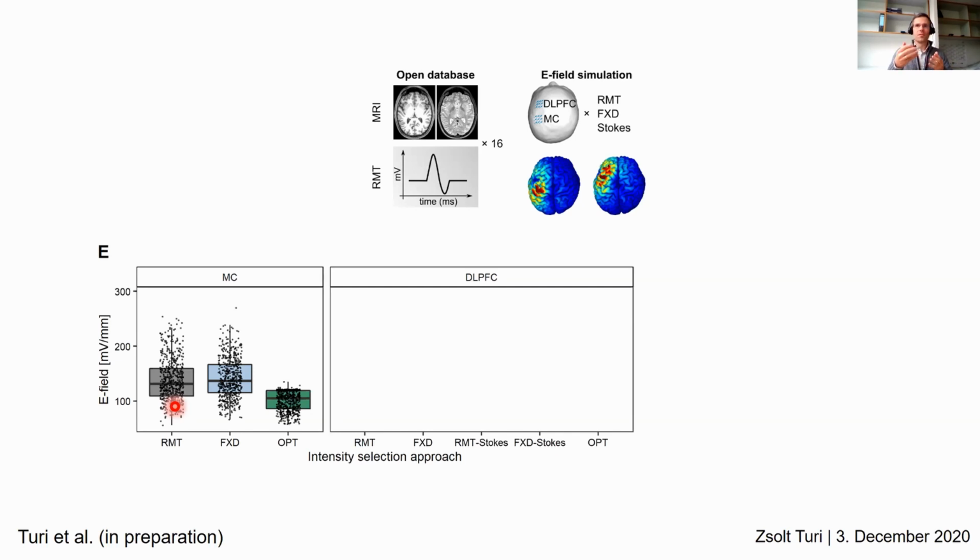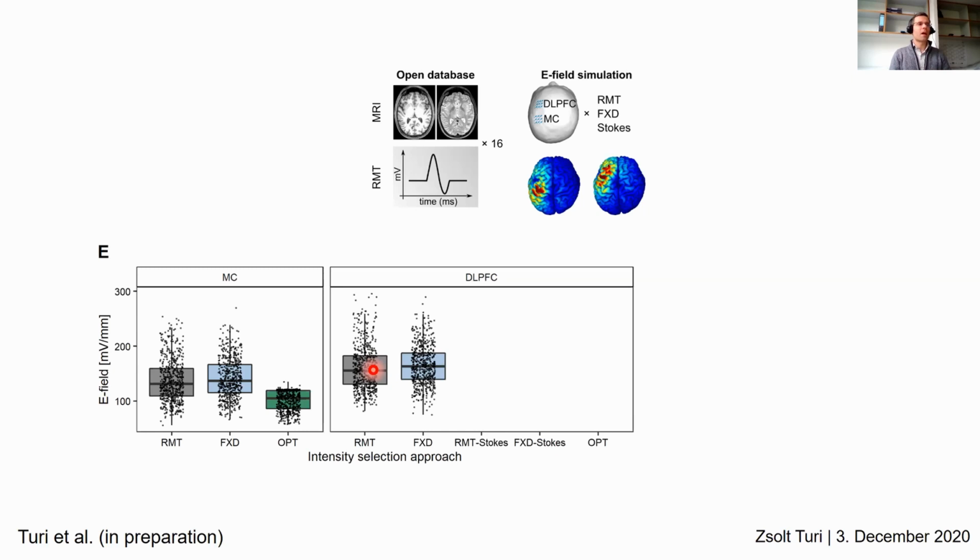And if you standardize the stimulation intensity based on the resting motor threshold, then the E-field values will be quite different. We've got a very similar pattern at the dorsolateral prefrontal cortex. The variability stayed the same. In fact, we've got slightly higher intensities because of the scalp to cortex distance.